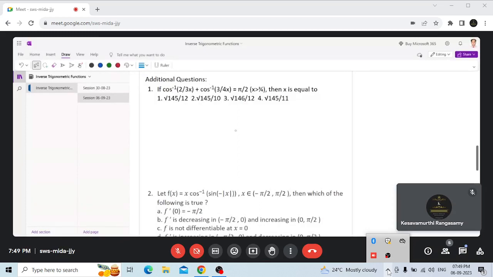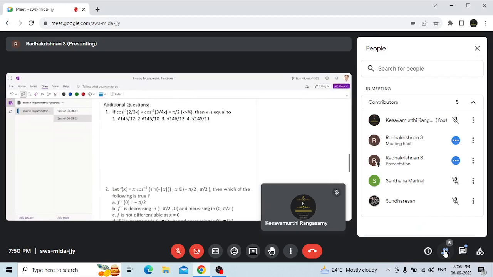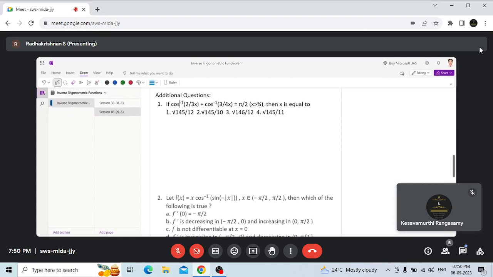But let me work it out. One of them we have to convert to sine. If it is cos inverse plus sine inverse of x, it will be equal to pi by 2, right? So then we can equate. That is the principle here. So this cos inverse of 3 by 4x, let us convert it to sine.